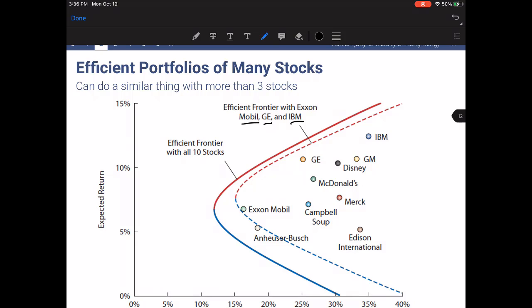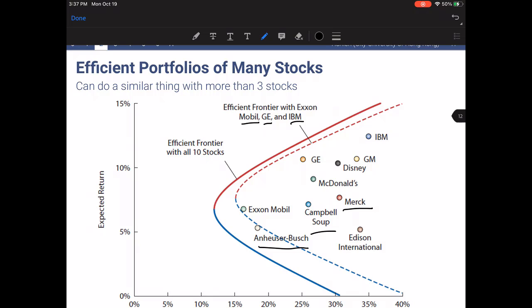And as we include more stocks, as you can see in this graph, we have more than just Mobil, GE, and IBM. We also have Disney. We have a pharmaceutical company, Merck. We have Anheuser-Busch, which is a beer company. We also have Campbell Soup, a food manufacturer.